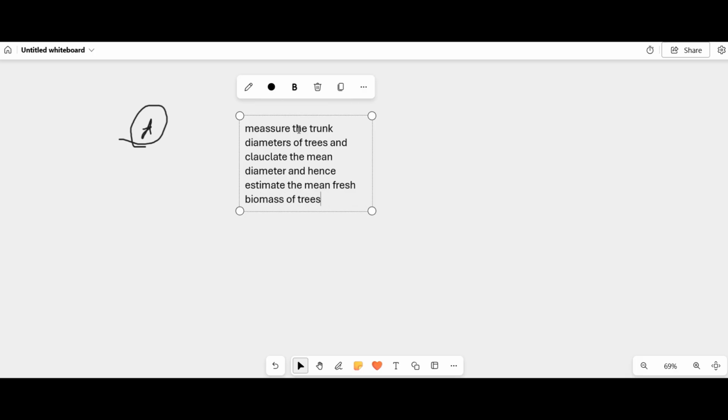So basically, there'll be a table in real life here, and diameter is proportional to the biomass of the trees. So you just look at the table, and whatever diameter you get, you get the biomass of the tree relating to that. Then use the percentage of water after this to calculate the dried biomass here.